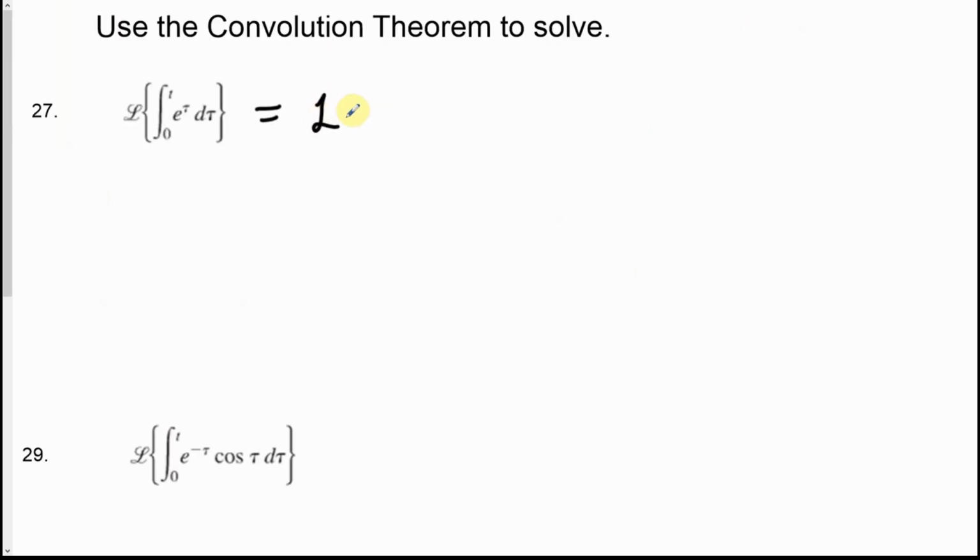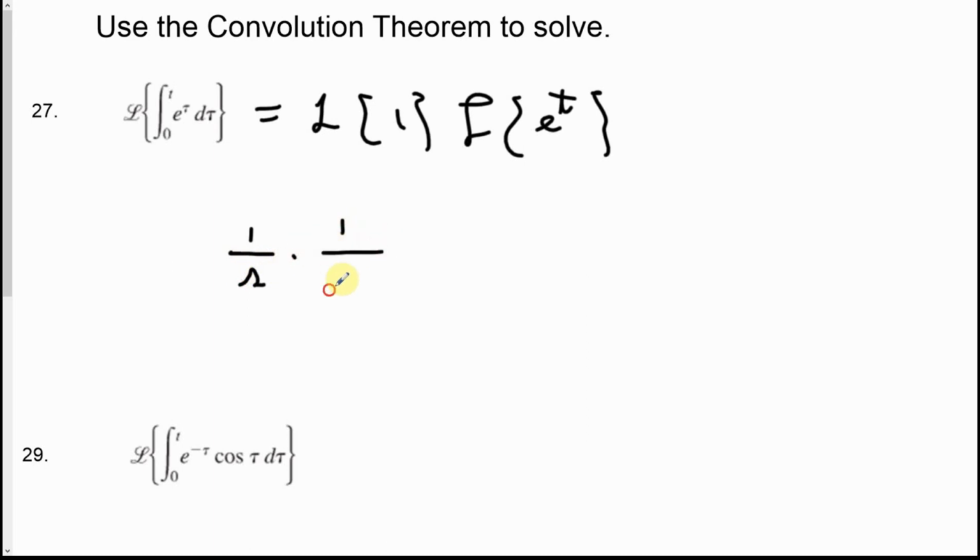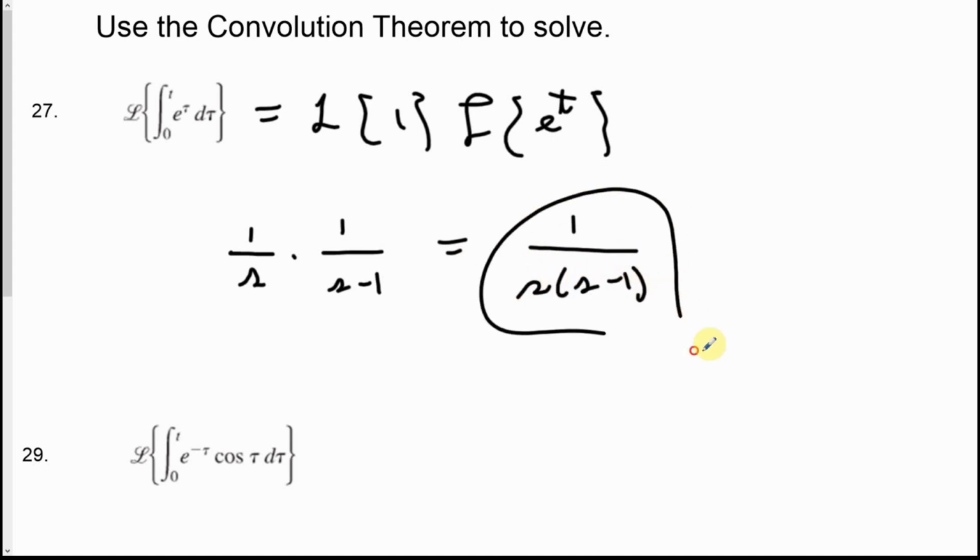So this is the Laplace transform of 1 times the Laplace transform of e to the t, right? This tau is on an interval from 0 to t. So this is just 1 over s times 1 over s minus 1, which is 1 all over s times s minus 1.